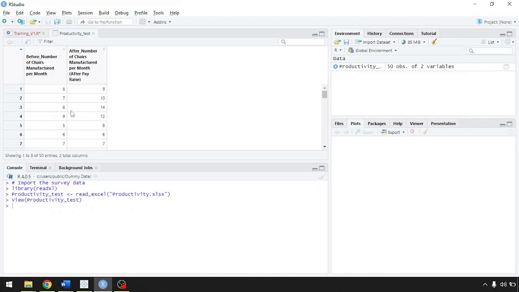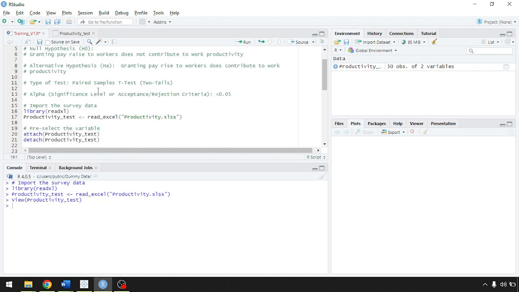One variable is before we introduce a pay raise, when we check how many chairs workers manufacture on average. The second one is the number of chairs manufactured by workers on a monthly basis, on average, after we introduce the pay raise. So these are the two paired variables that we would like to test today.